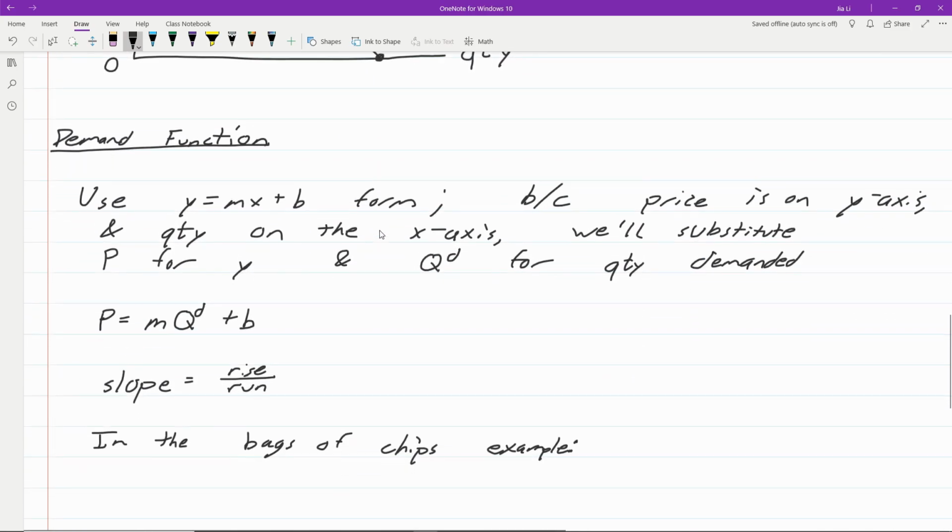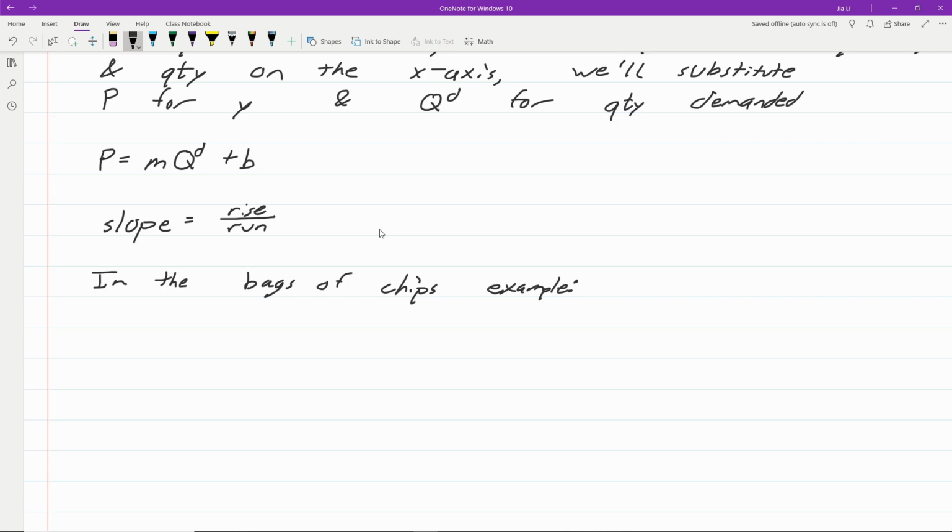Remember, the rise over the run is just the difference in y coordinates, y2 minus y1 over x2 minus x1, or in this case, because we're working with demand, we're dealing with prices and quantities, then it will just be P2 minus P1 divided by QD2 minus QD1, right?